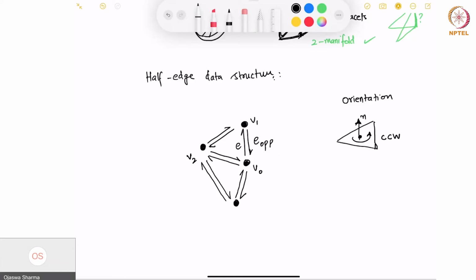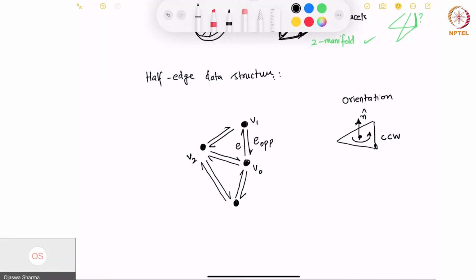So that's the normal vector of this triangle. Usually we take counterclockwise as positive, and that's the standard. You can always do clockwise orientation, nothing wrong in that, but you need to be consistent. If you want to keep counterclockwise, then make sure all triangles in your mesh are counterclockwise oriented.